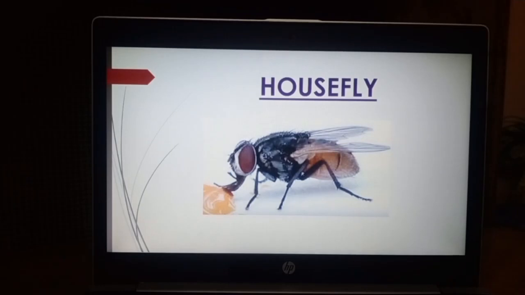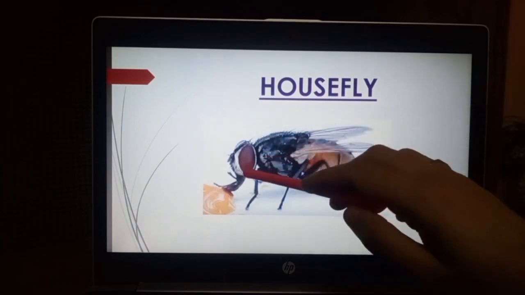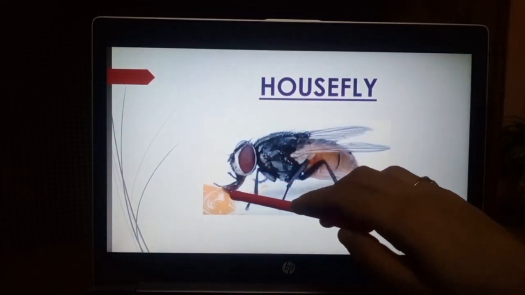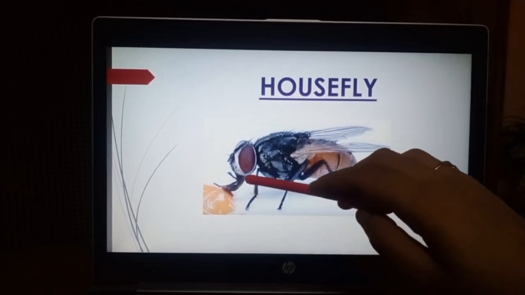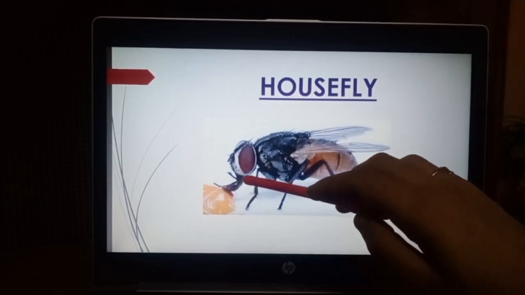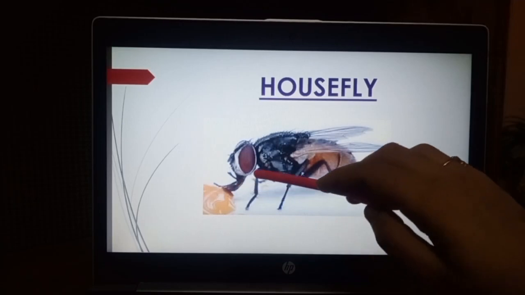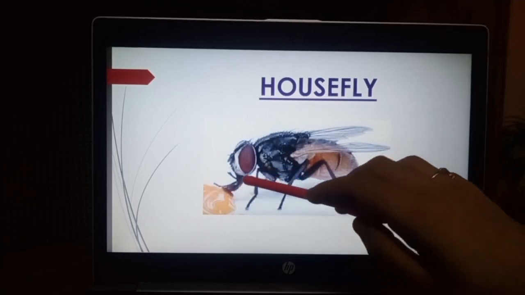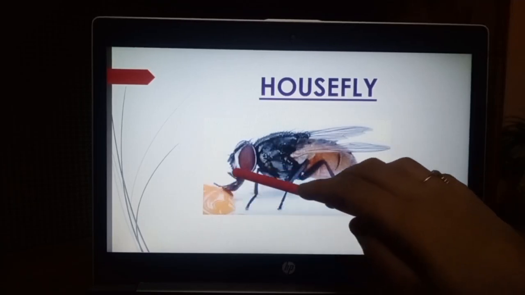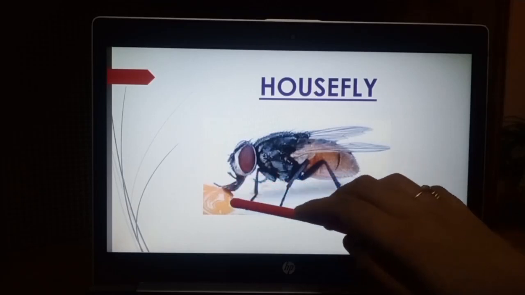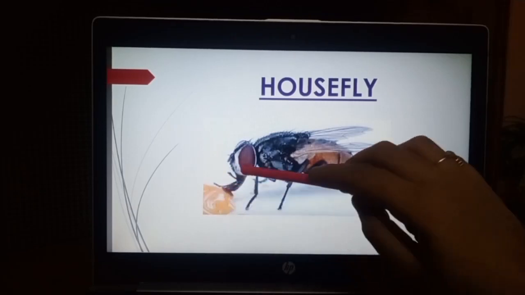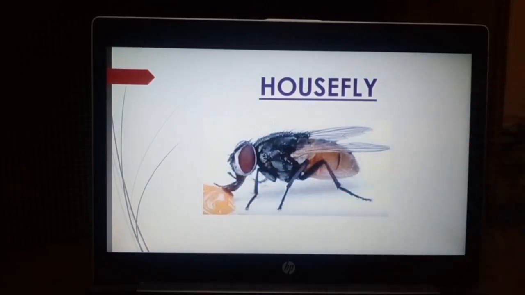You know, the mouth part of a housefly or a butterfly is a long tube-like structure. It is called proboscis. Yes, write down the name. Proboscis is a tube-like structure that is a mouth part of housefly, and it helps the insect to get its food.